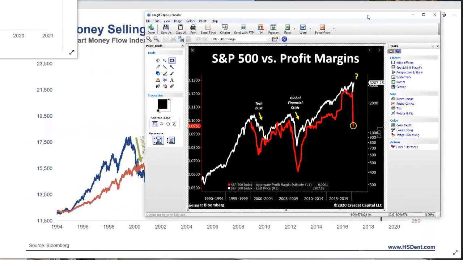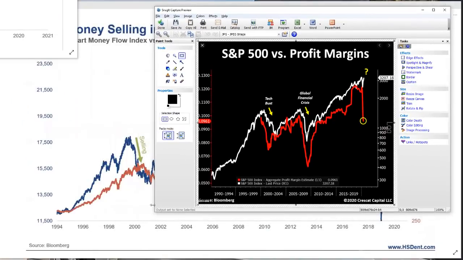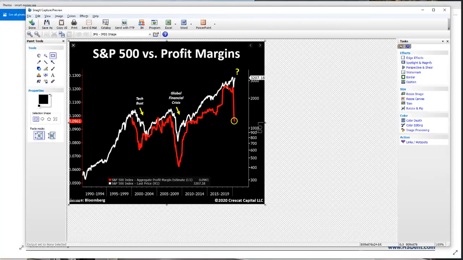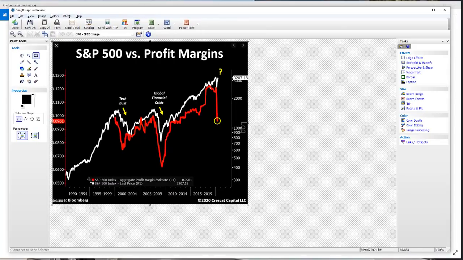Alrighty traders, this chart here I want to share with you. This is something really interesting. You can see over history, since basically the 1999 bubble, the red line is the average profit margin estimate, and the white line is the S&P 500.